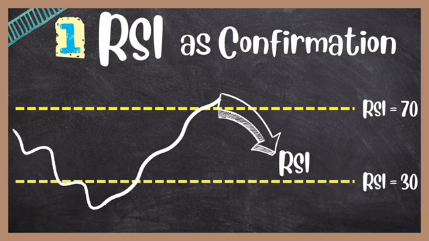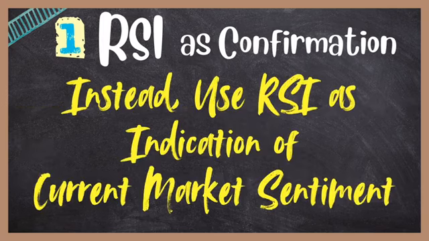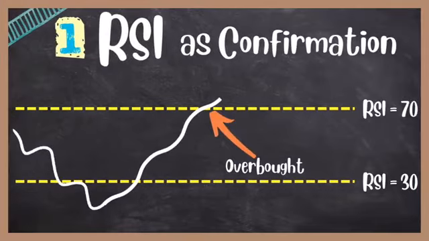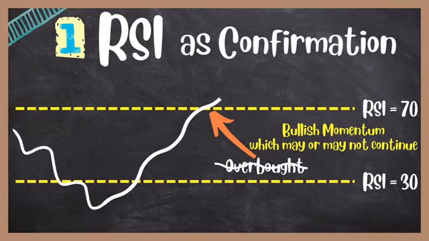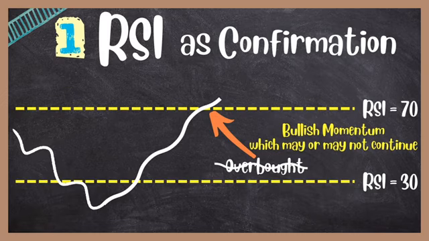We will just not assume that. Instead, we will use RSI as an indicator of market sentiment. For example, if the RSI is showing an overbought condition, we will think that this is due to rapid market momentum or increase in price, which indicates an overall underlying bullish sentiment, and one that may continue.